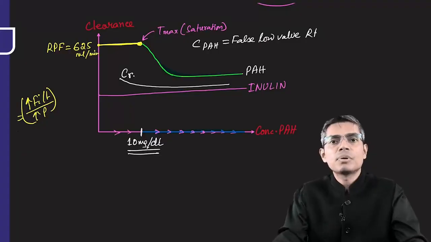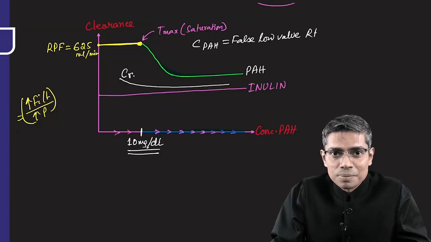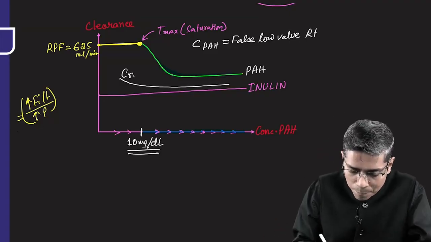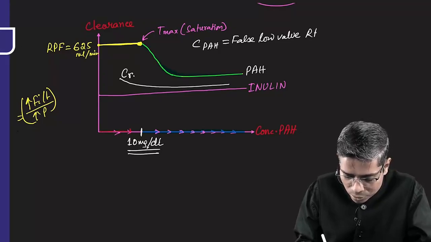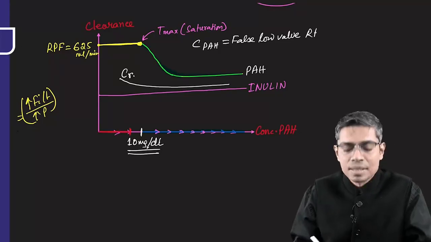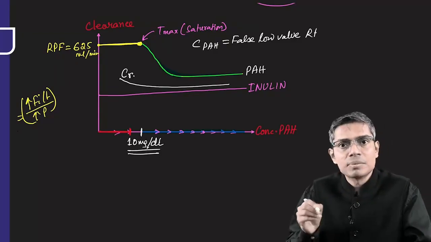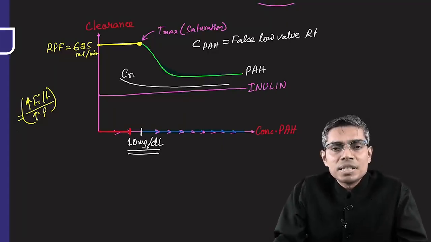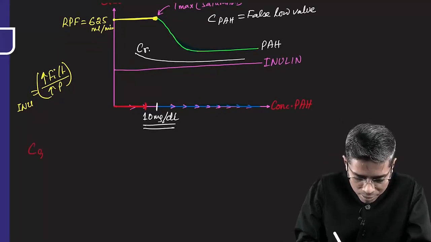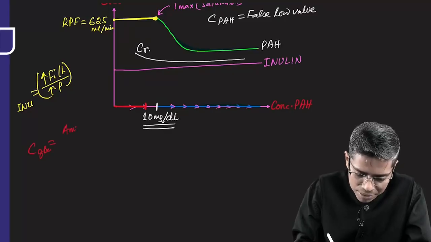If I ask you the clearance curve of glucose, where will it be present? Clearance of glucose in a non-diabetic person, how much did I tell you? 0. Up to a certain value of plasma glucose concentration, in a non-diabetic person, the clearance of glucose is 0. That's why it is in the same line as the x-axis. But in a diabetic person, if you measure the clearance of glucose, a certain amount will be present in the urine.